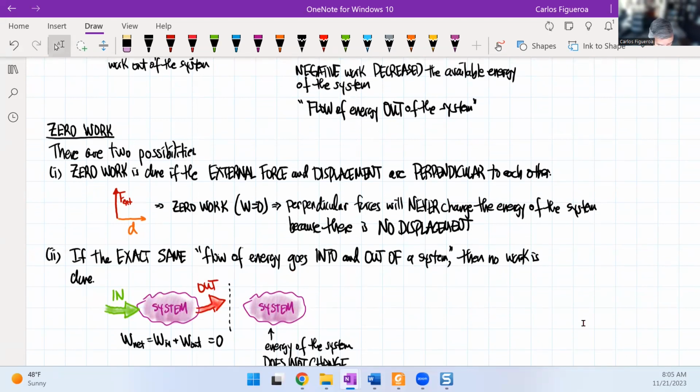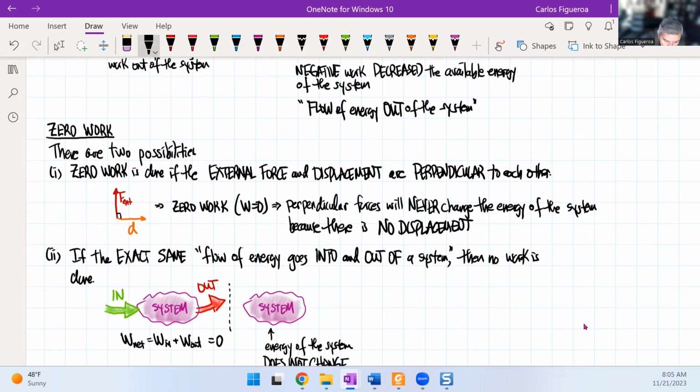But what you find here is that there are two possibilities. One, zero work is done if the external force and the displacement are perpendicular to each other. So you can clearly see that there's a right angle between the force and the displacement. That means zero work. So why is that zero work?